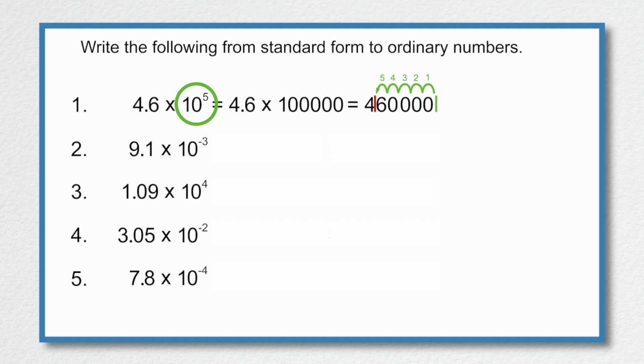9.1 multiplied by 10 to the power of minus 3. So remember that 10 to the power of minus 3 is actually 1 over 10 to the power of 3, or 1 over 1,000. So this standard form of 9.1 multiplied by 10 to the power of minus 3 is the same as 9.1 divided by 1,000, which gives us the answer 0.0091.